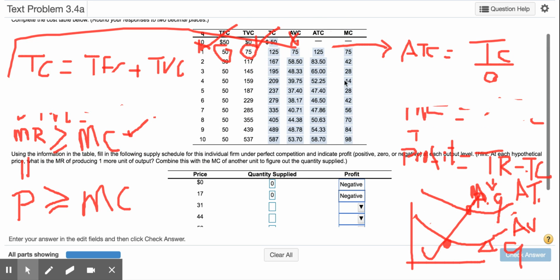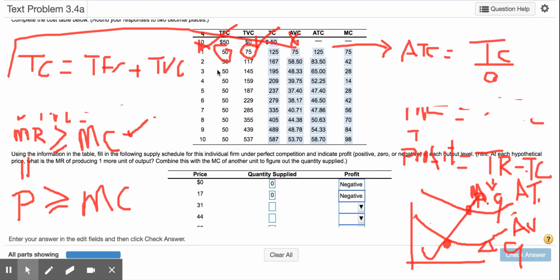You can check. If you produce 4 units in here, 17 multiplied by 4 is 68 minus total cost. Total cost in here is 209. So profit is negative.